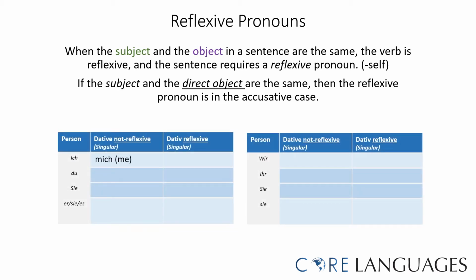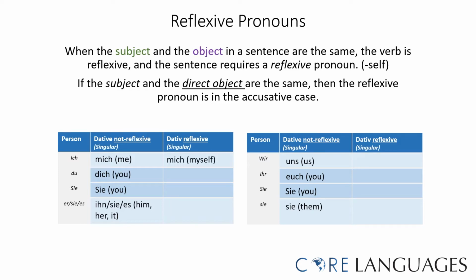These are mich, dich, sie, ihn, sie, es, uns, euch, sie, and sie. Now watch what happens to the pronoun when the direct object and the subject are the same.